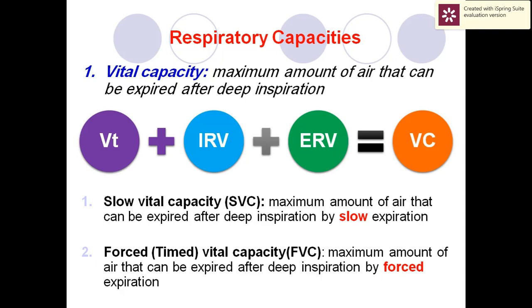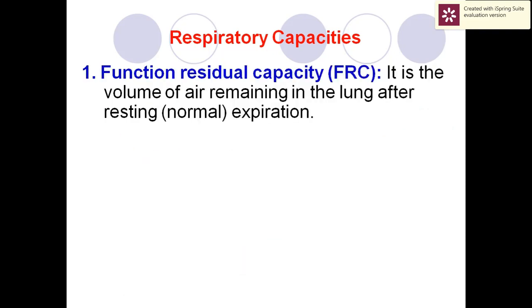We requested the lung volume machine dilution test وإن شاء الله يعني يصل قريبا على أساس for further management and testing the patient. Slow vital capacity, maximum amount of air that can be expired after deep inspiration by slow expiration وفي fast.